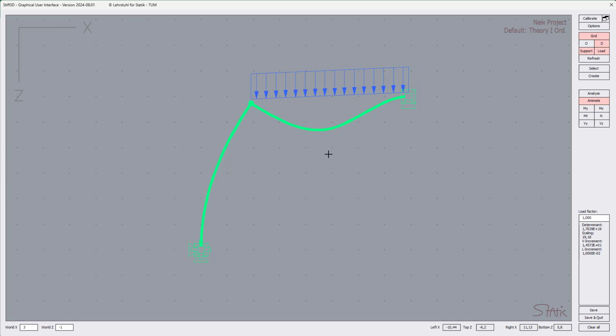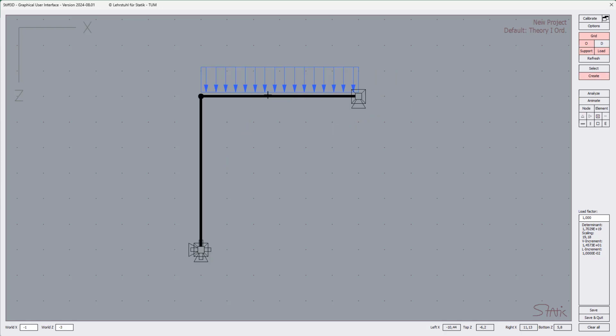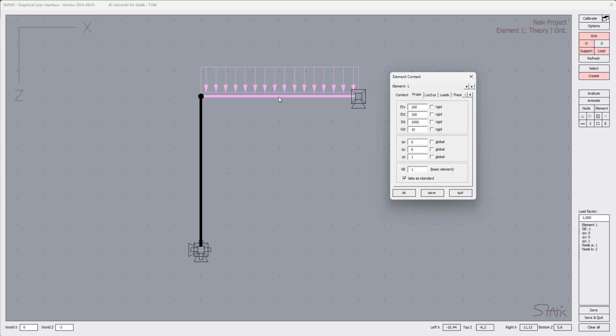What we would like to do next is to introduce on the left and right hand side ideal hinges with respect to uncoupled rotations around all three spatial axes. So we go back to the creation mode, and I open the element context menu, and you see here the Grundelement, the basic element number 1, which means rigid connections on both sides, left and right.